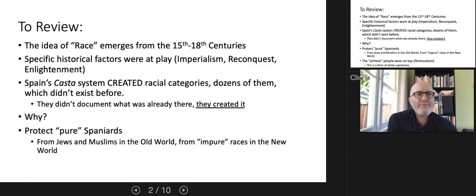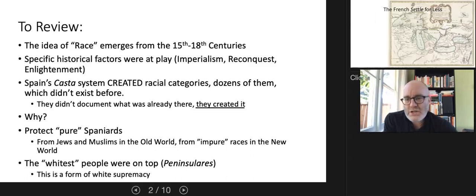Why does all this happen for the Spanish? To protect pure Spaniards, as I said, primarily from Jews and Muslim converts. And then that religious anxiety is translated to a racial anxiety in the New World. And for the Spanish, of course, at the top of the top are the Peninsulares, who are not only white but born in Spain, right?